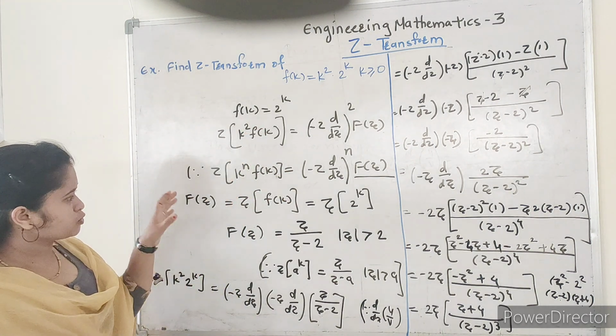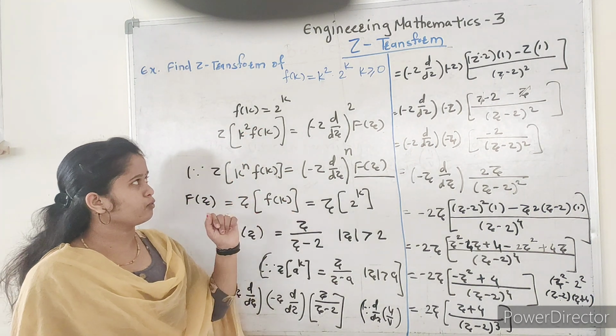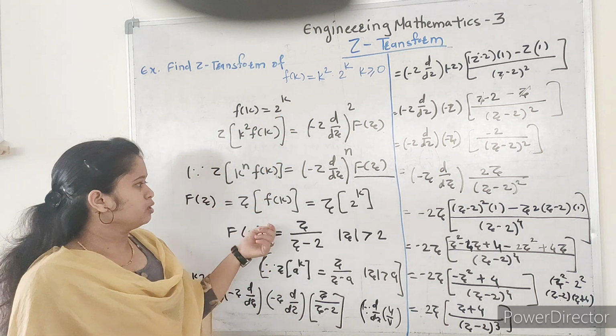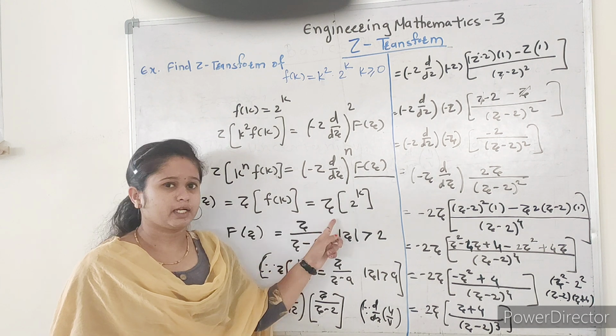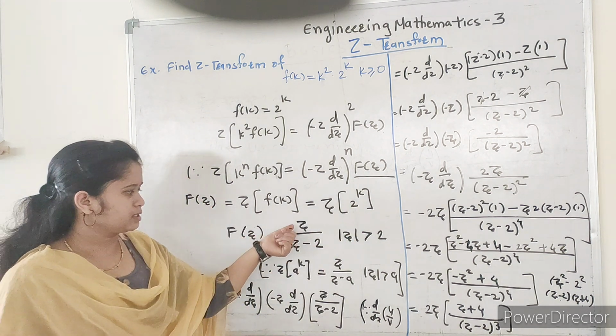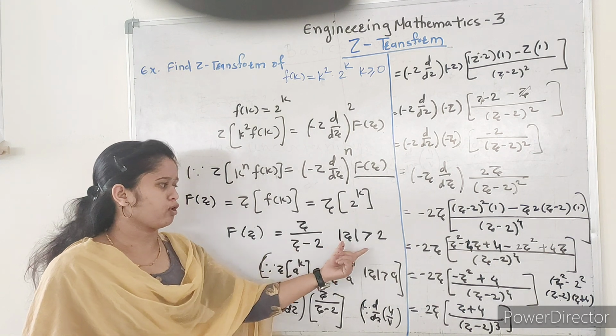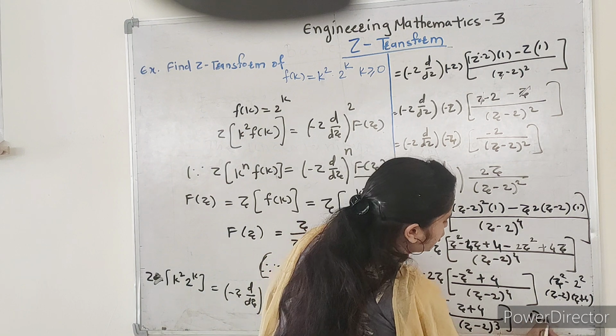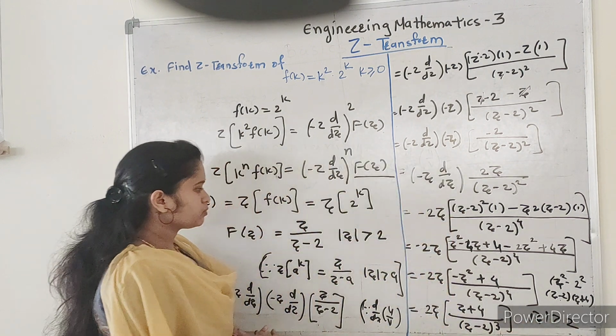So first we find the z transform for f of k. Here f of k means 2 raised to k. Correct? So first we find the z transform of 2 raised to k. So we get f of z, z upon z minus 2 for all values of mod z greater than 2. So here we write mod z greater than 2.